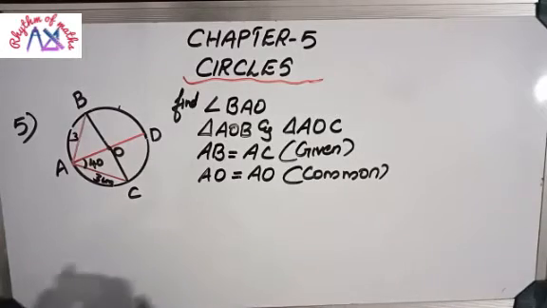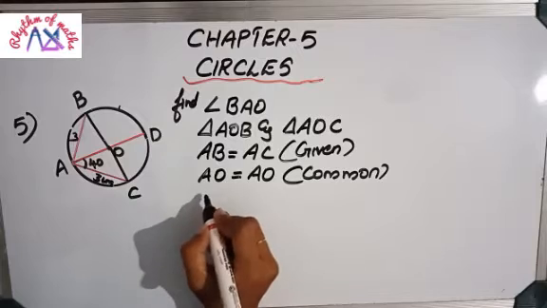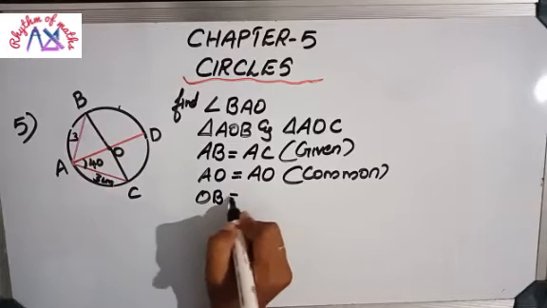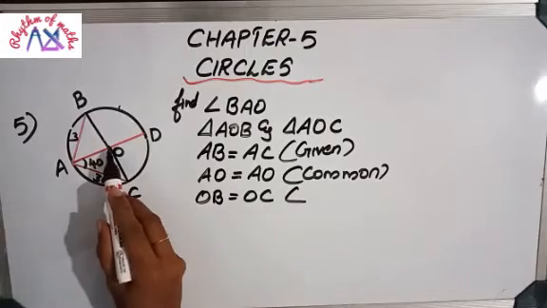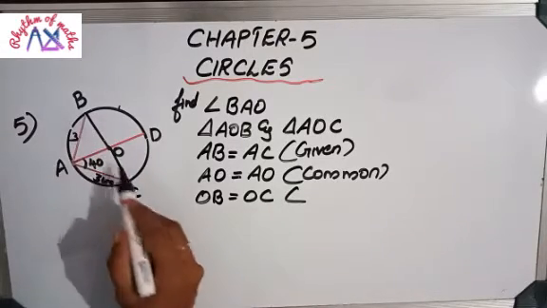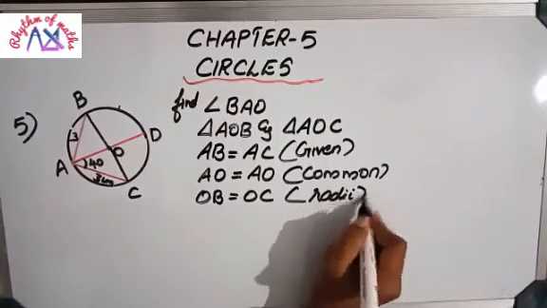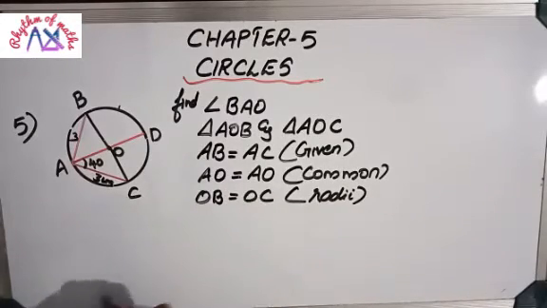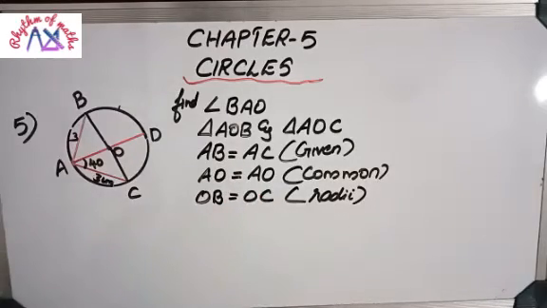Next we consider the third side, OB and OC. OB equal to OC. Why? O is the center, and OB and OC are both radii. That means these two are also equal. So we can say that these three sides are equal.